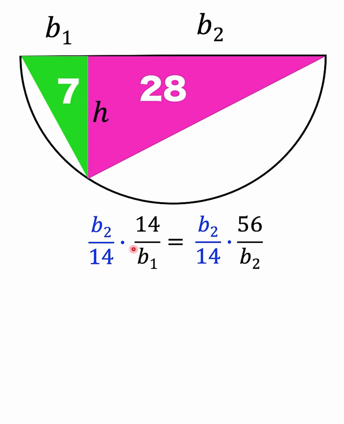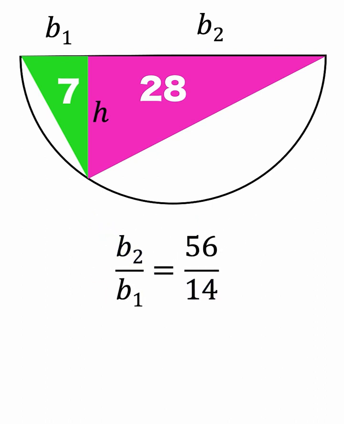The objective is we want to eliminate this 14, so 14 divided by 14 is 1. And so the left side is b sub 2 over b sub 1, and the right side is simplified as 56 over 14, which can be simplified further as 4. So the ratio of b sub 2 to b sub 1 is 4:1.